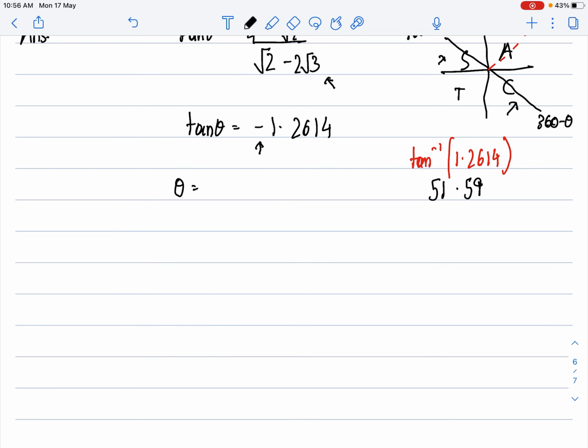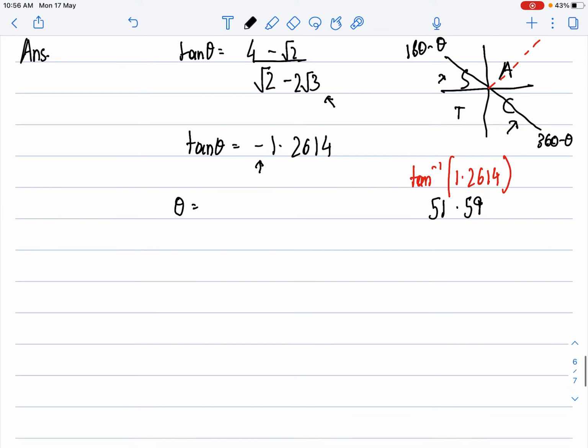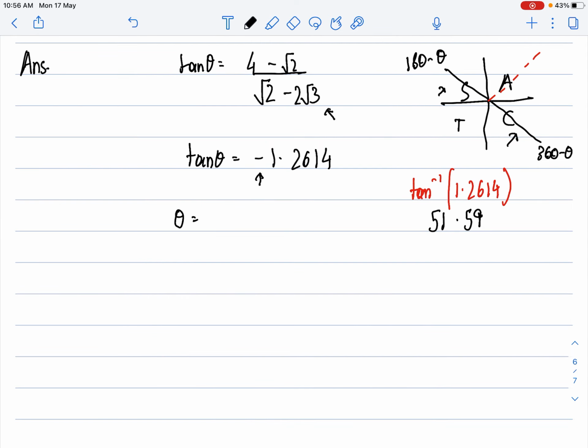So first I can do 180 minus 51.59 to get 128.4 degrees. Then I can do 360 minus 51.59 to get my answer as 308.4 degrees. This is my final answer.